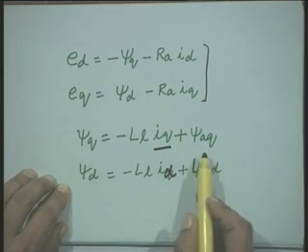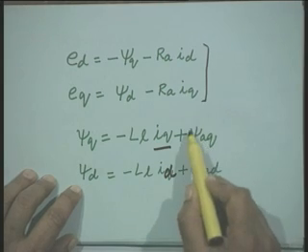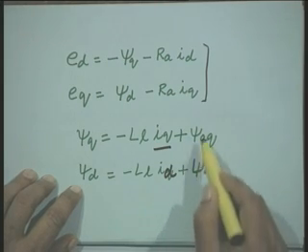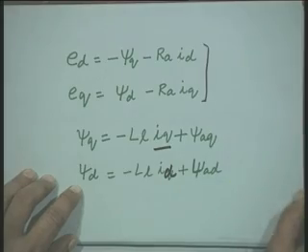Now, in these equations we see a very interesting thing, that psi q and psi d are expressed in terms of our intermediate variables psi a d and psi a q and I q and I d.